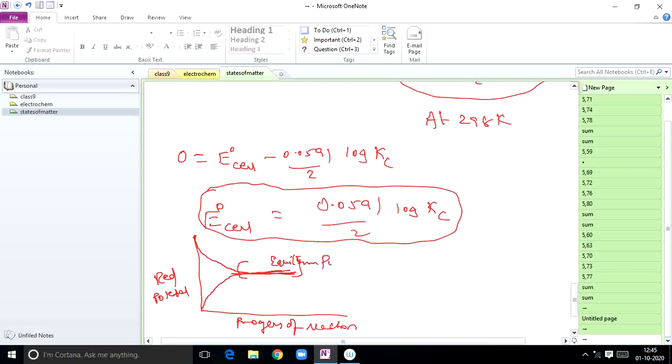This is the graph for the reduction half reaction, so the reduction potential value will decrease like this. This curve indicates the oxidation half reaction. For this the curve will rise like this and both will meet, and this straight line indicates the equilibrium point. So at equilibrium, this is an equilibrium condition. So Kc values can be calculated if you know E naught cell. E naught cell values can be calculated by using Kc. So this is important, students.